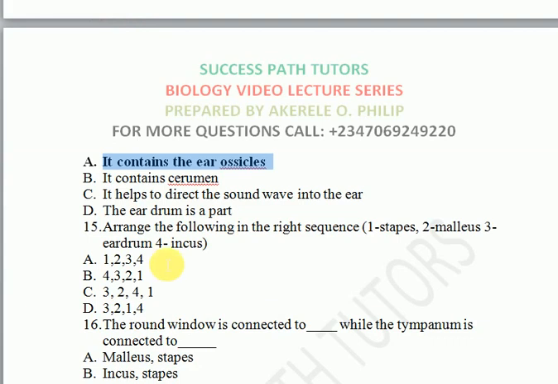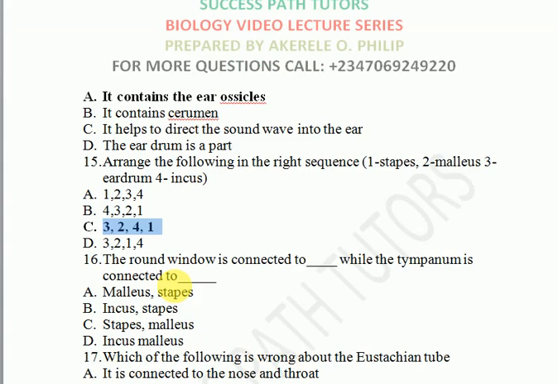That should be eardrum with number 1, that's going to be 3, followed by malleus, incus, and stapes. That will be 3, 2, 4, 1. That's option C.